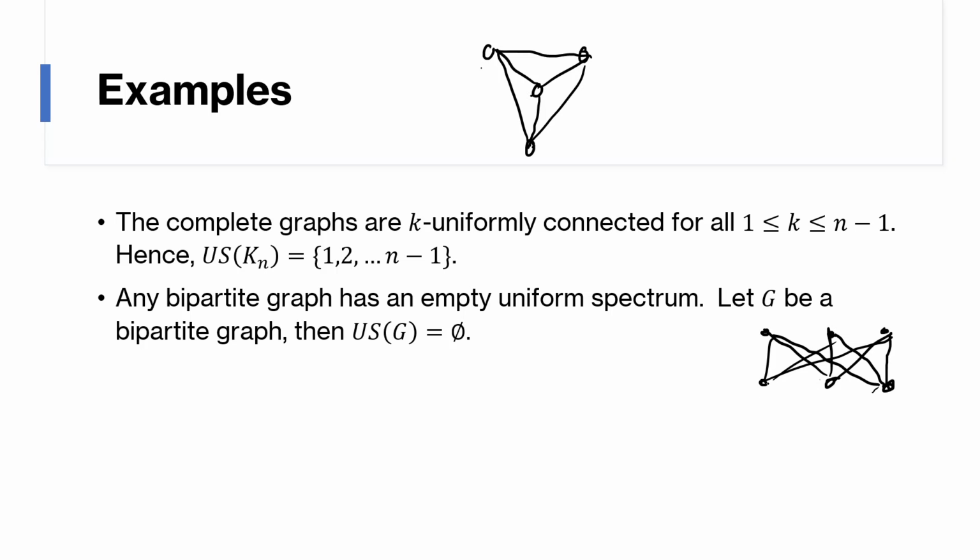And then you can find paths of odd length between vertices in opposite partite sets, right? 1 or 3 or 5, I can get those there. However, there are no paths of even length between vertices in opposite partite sets. So every even integer is not in the uniform spectrum. Hence, if G is a bipartite graph where each partite set has at least two vertices in it, then the uniform spectrum is empty.